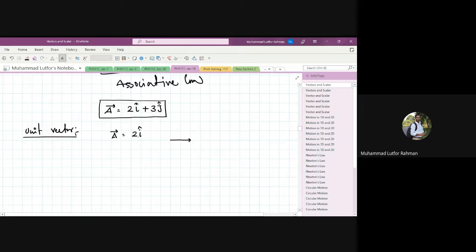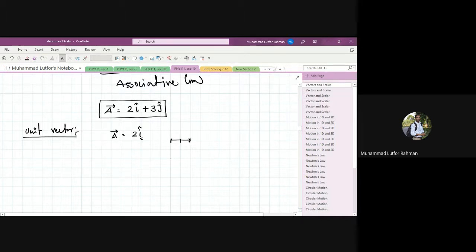Without that i hat, the 2 is basically a scalar quantity. The unit vector is telling me to move towards the positive direction. But how much? 2 units. Now, how do I define that 2 units? Say I consider the smallest box as 1 unit.